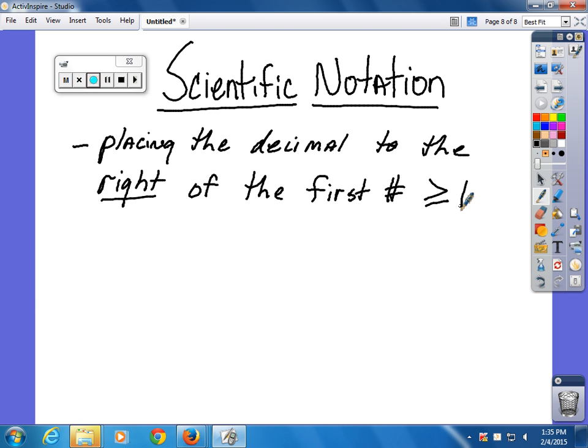Now I'm very vague with this definition because usually I'll get a student raise their hand and say, well, I don't understand that definition because I don't know which way you're going. I know, we've only read left to right for how many years of our lives?